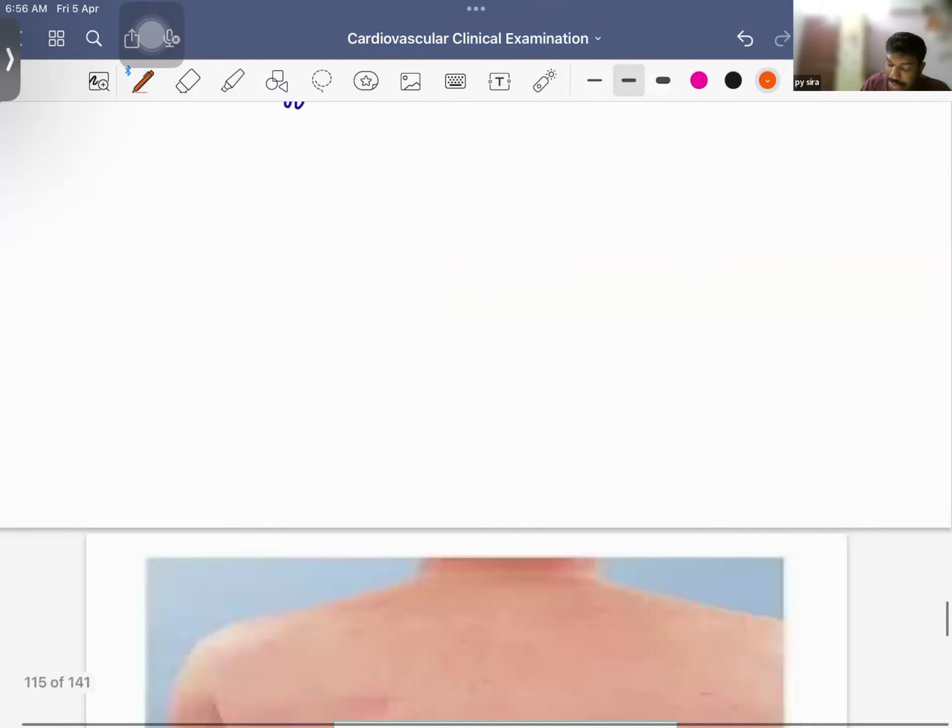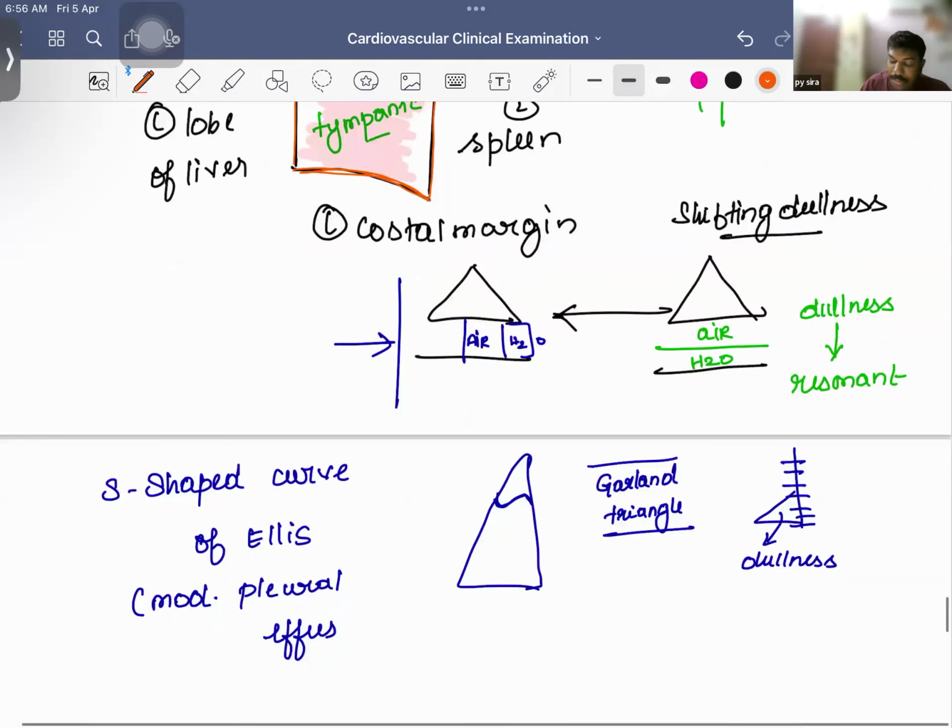Then the next important thing is shifting dullness. Shifting dullness is similar to what you do in the abdomen. You are going to percuss along the left costal margin. For example, the patient is like this.